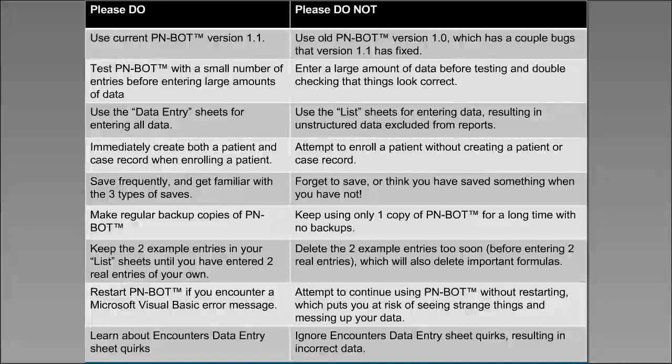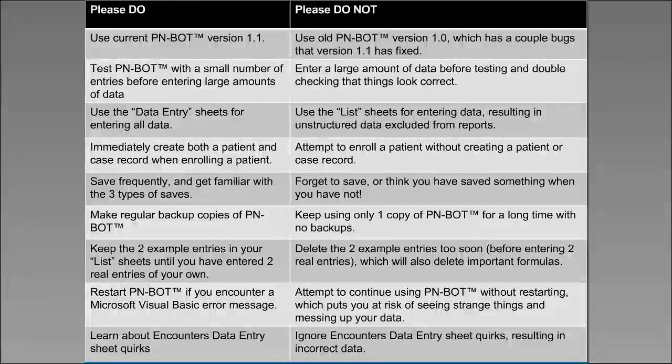Another major recommendation is to test out PNBot in a separate copy with a small number of entries before you go crazy entering a lot of information. That way you can catch any issues, whether it's a training issue or a technical issue, before you waste a lot of time entering data in case you have to re-enter it.